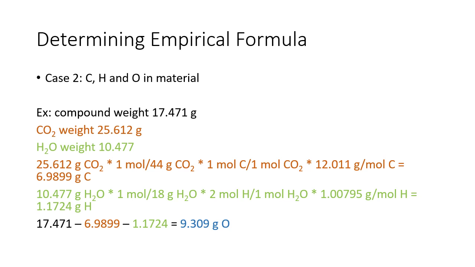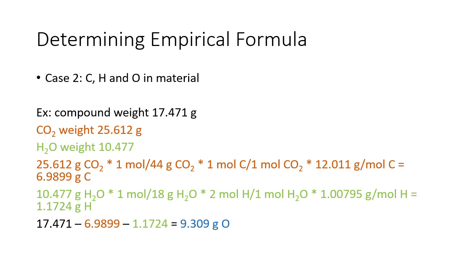All right, so let's do an example of that. Let's say our compound weight was 17.471 grams, our CO2 weight was 25.612 grams, and our water weight was 10.477. So we convert from mass to moles, and then we use our mole to mole ratio in order to find moles of carbon.